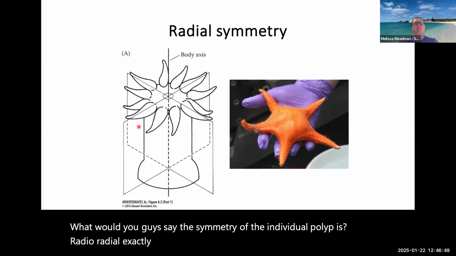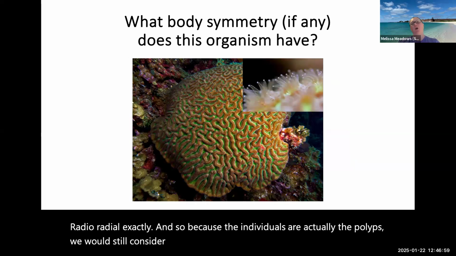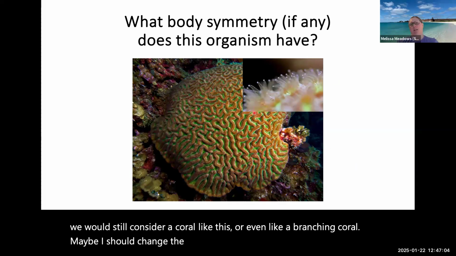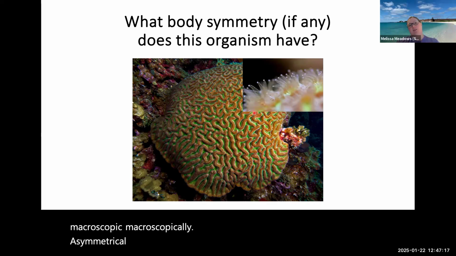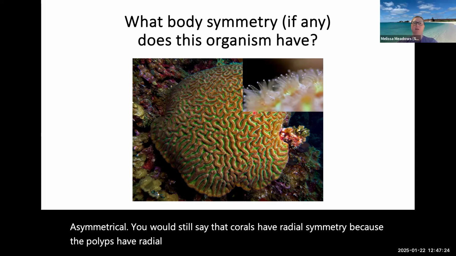And so, because the individuals are actually the polyps, we would still consider a coral like this, or even a branching coral, like an elkhorn coral, where it's really clearly macroscopically asymmetrical, you would still say that corals have radial symmetry because the polyps have radial symmetry. Does that make sense to everybody?